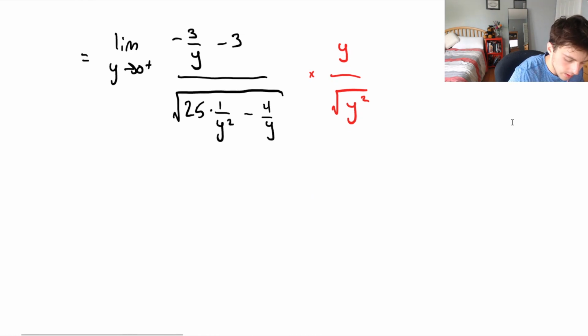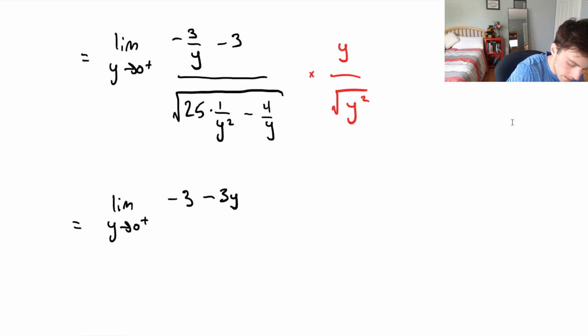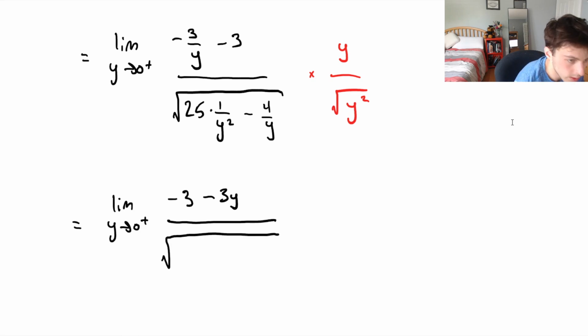So our numerator is going to be, okay, limit as y approaches 0 from the right, and that's going to be -3 minus 3 times y. And we've got a big radical in our denominator, and this is going to be 25. Our y squareds will cancel out, minus 4 times, and then our y squared divided by y will just be y.